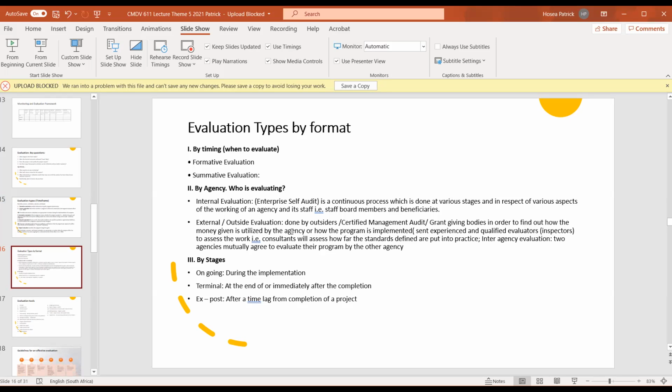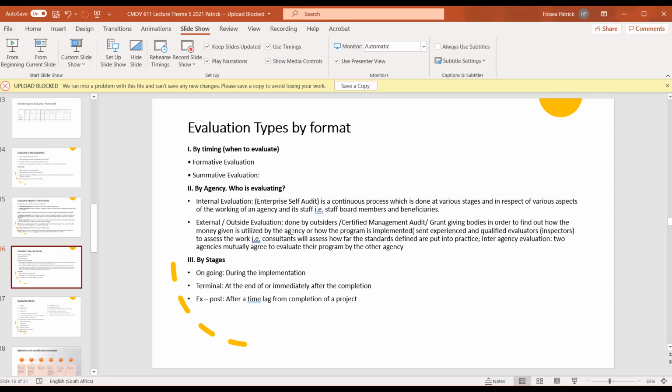And then when you talk about evaluation by agency, that's by who are those people that are going to be doing the evaluation, right? In this place, we're looking at both internal as well as external evaluation. The evaluation that is done within the organization itself.